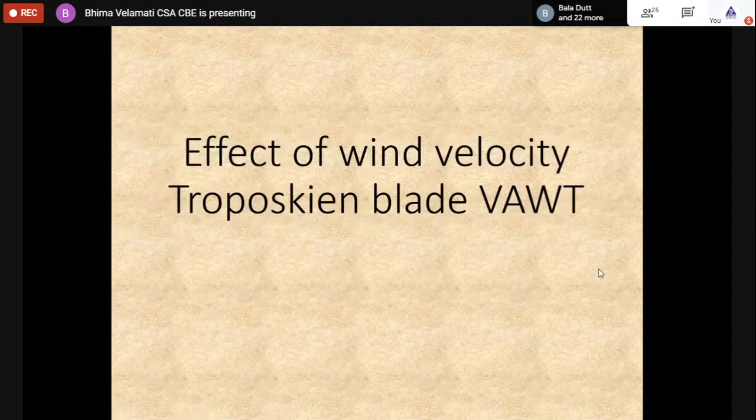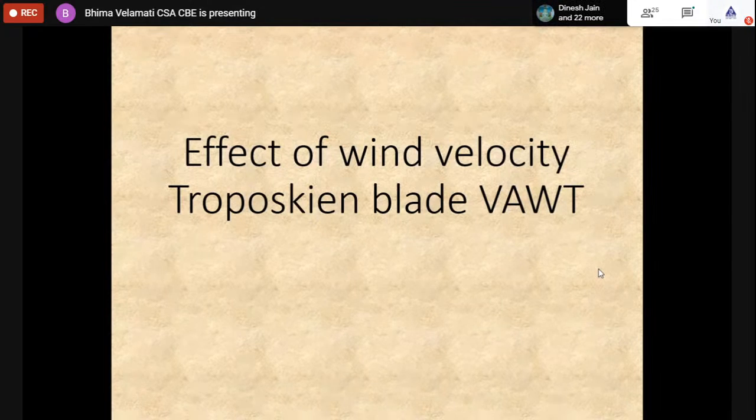Okay. So the first study that we published recently is the effect of wind velocity on the proposed skew blade vertical axis wind turbine. So why study the effect of wind velocity? Normally in a straight blade, we don't expect that wind velocity will affect the performance much.